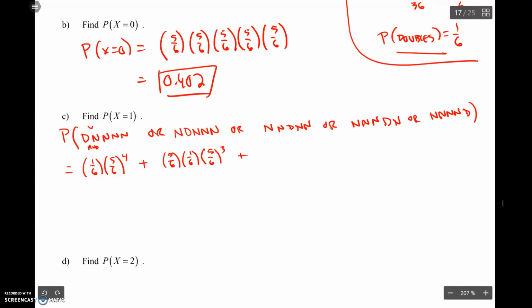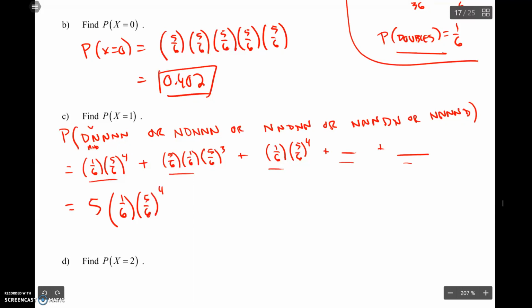So basically, hopefully you guys can see that in each of these cases, I'm going to get 1 double and 4 no doubles. These are all exactly the same. So that means I'm going to get 5 times my 1/6 to the 1 and my 5/6 to the 4.